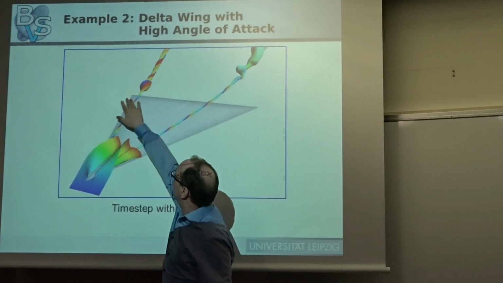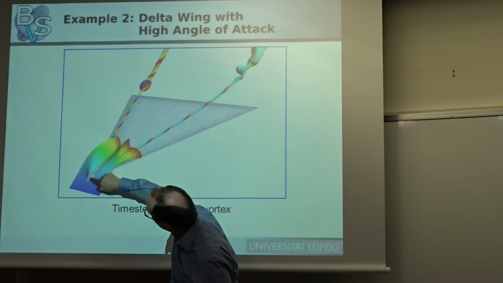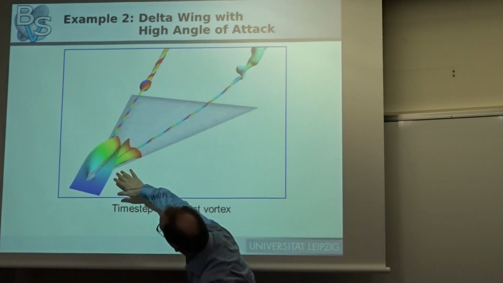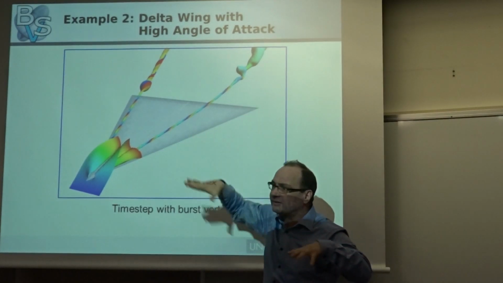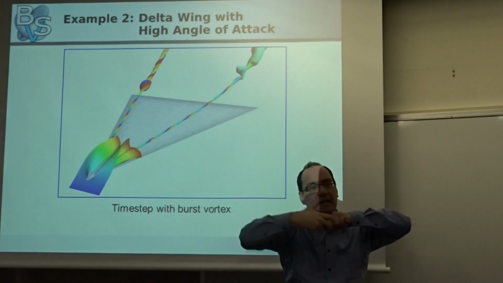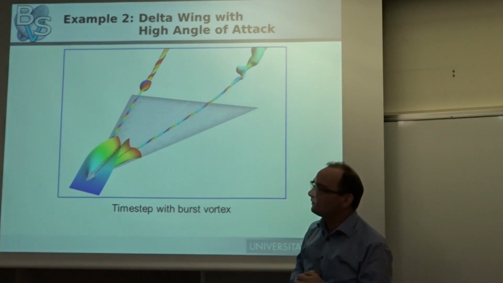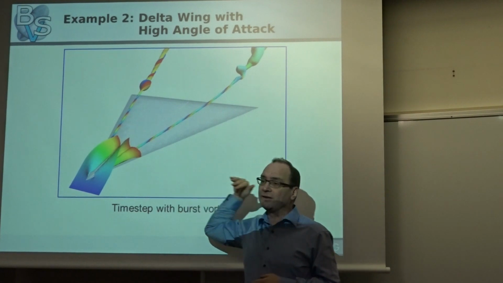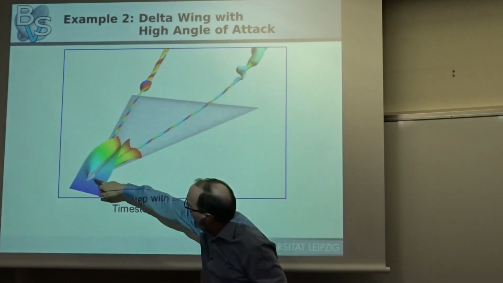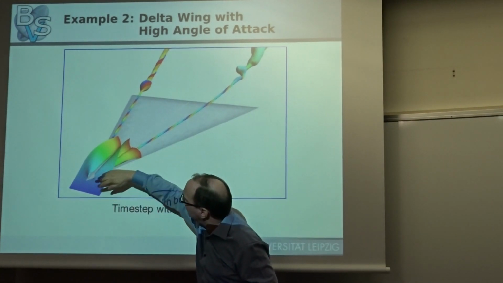And we have the air wing, and you can see there's a high angle of attack. Pretty much in the simulation, you fix the grid, you fix the plane, and then you have the air coming in, like you have in a wind tunnel, which is the same physically as if that wing is moving to the air.